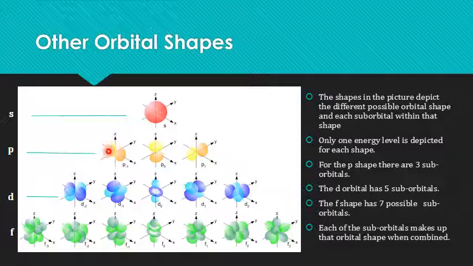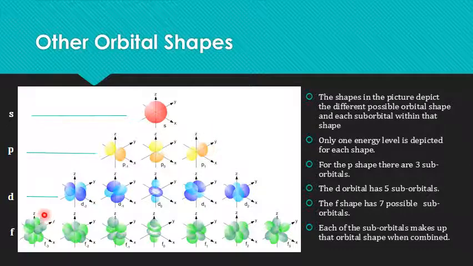It's kind of 2 balloons hugging the axis, and we have one of them that goes around the x-axis, one around the z-axis, and one around the y-axis. So we get these 3 different shapes to it. When all of those are put together, we call that whole thing the p orbital.